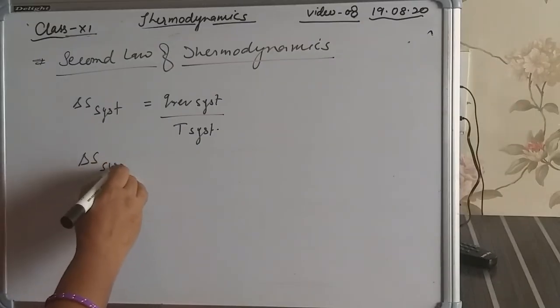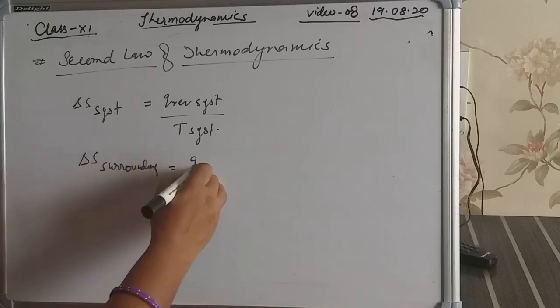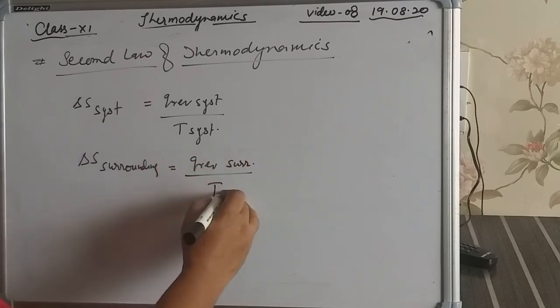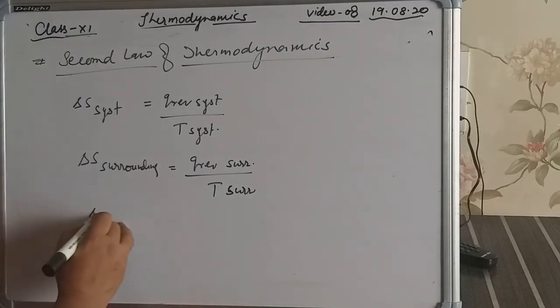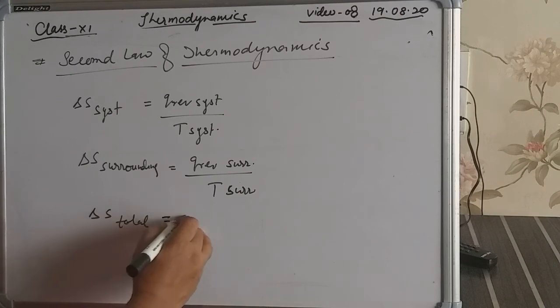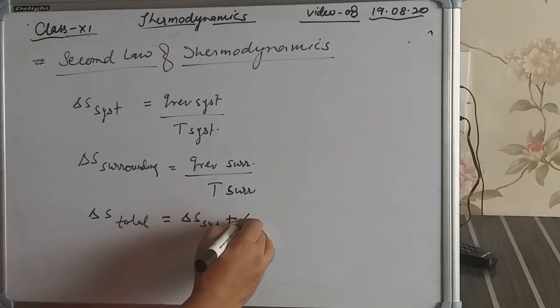In case of the change in entropy of the surroundings, it is Q reversible of the surroundings divided by temperature of the surroundings. So we already discussed that the total entropy change is equal to the entropy change of the system plus the entropy change of the surroundings.